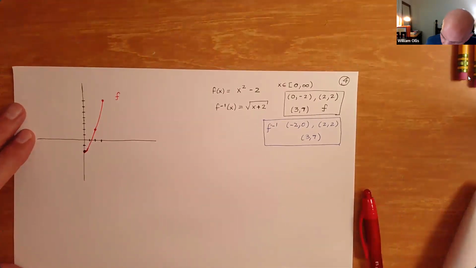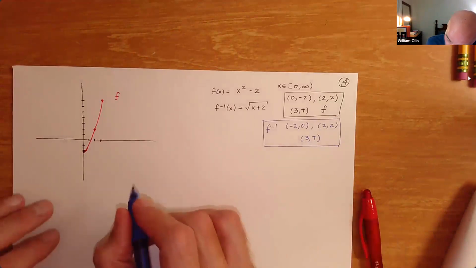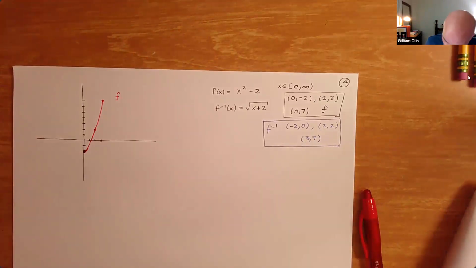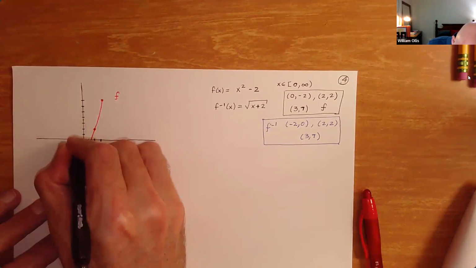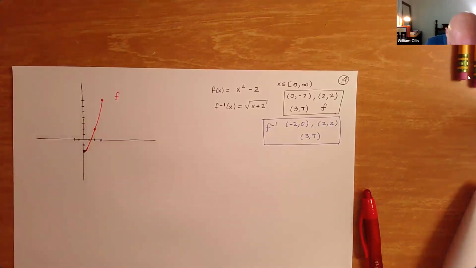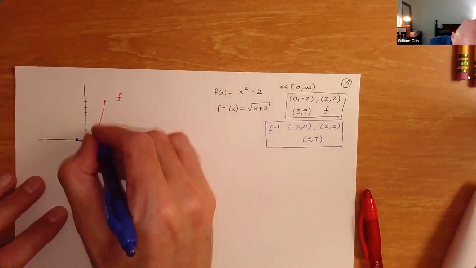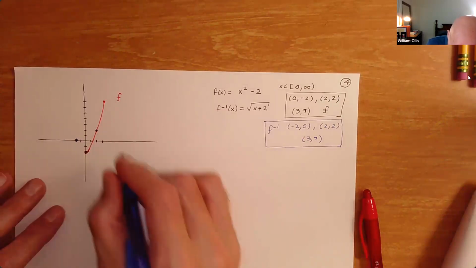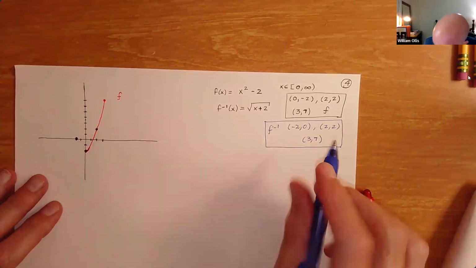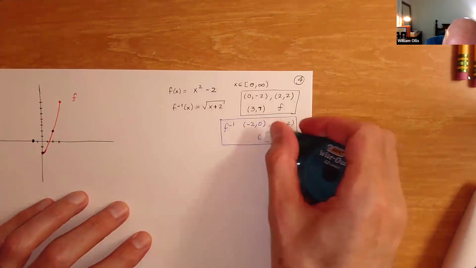And let us go ahead and draw the ordered pairs for the inverse. So we have -2, 0. So let's go ahead and put some more tick marks here. So again, just the reflection of that one that we see here. And then 2, 2, again, that's on the reflective line. And then 3, 7. Oh, well, yeah. Let me flip those around. That'd be useful.